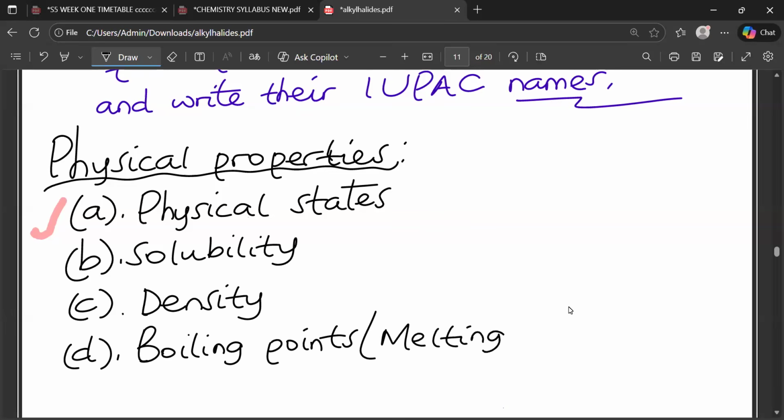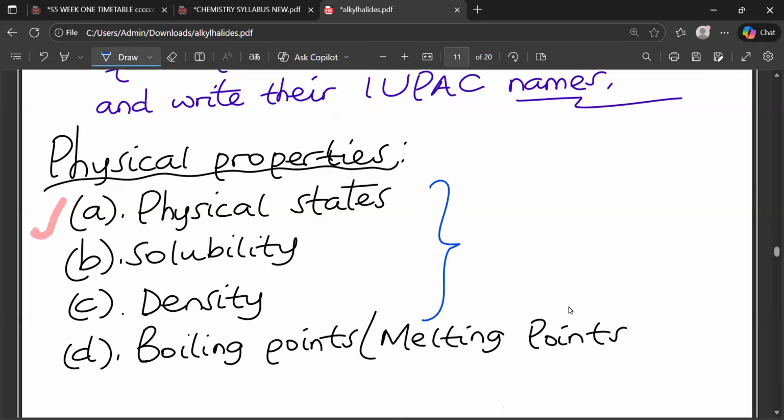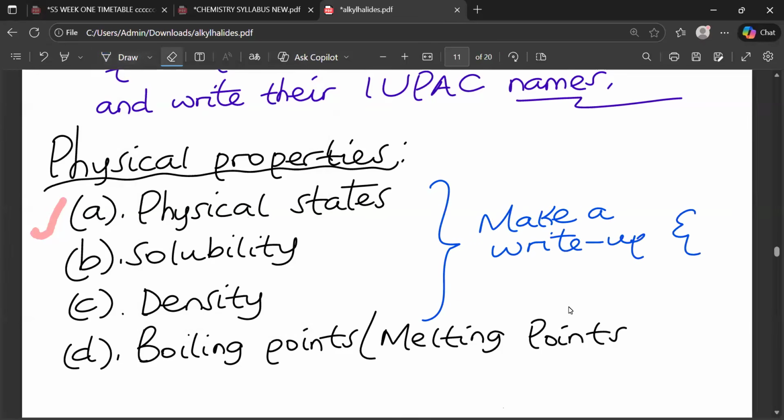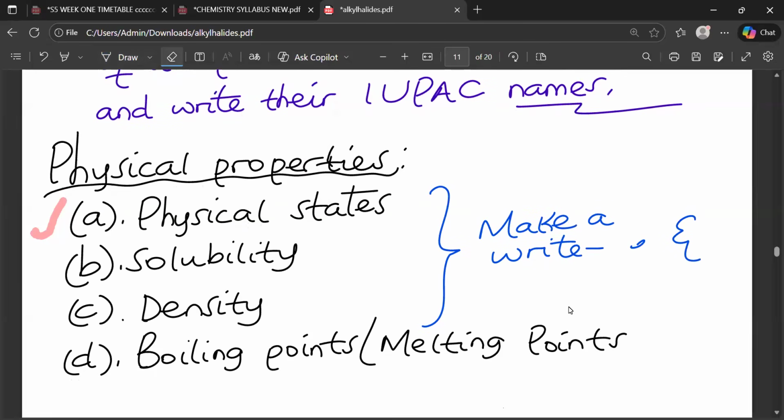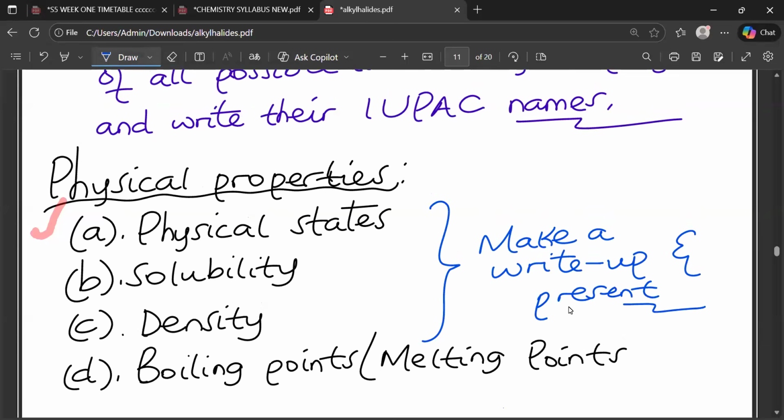What you're supposed to do is make a write-up and present. That is about the physical properties.